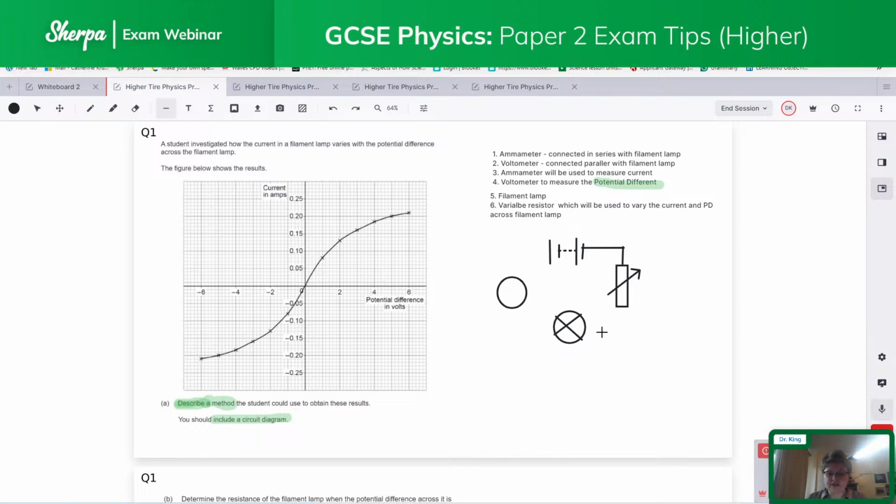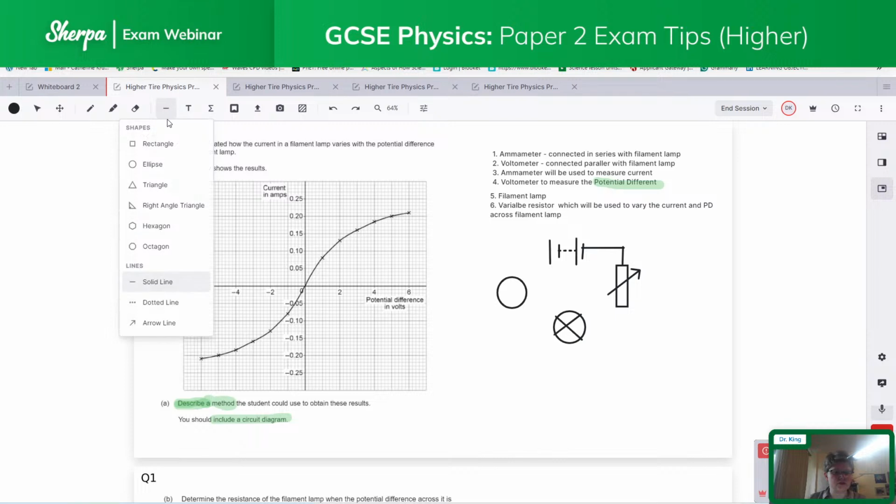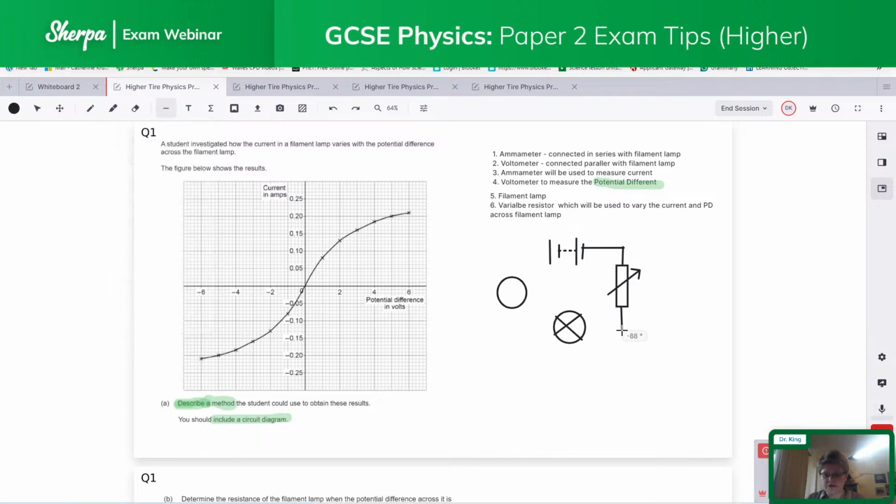Remember that an LED has a different symbol than a filament lamp. A filament lamp is the circle with the cross. The diode is a triangle with a line at the back. Please make sure you read accurately what your setup includes.